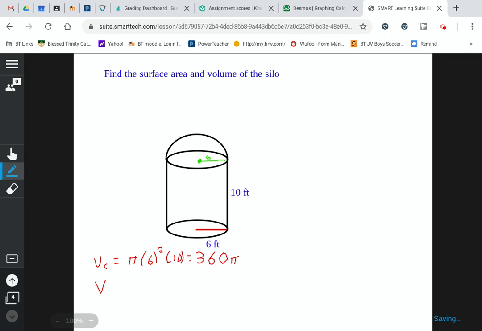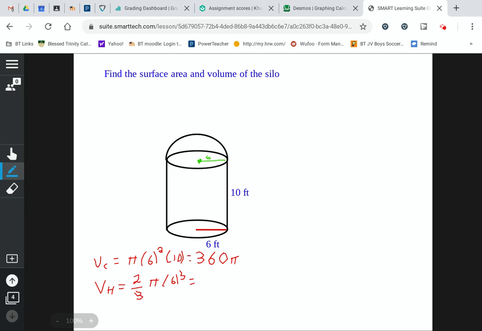And the volume of the hemisphere, I'll put a little sub h there, is 2/3 pi times 6 cubed. Now 6 cubed is 216.